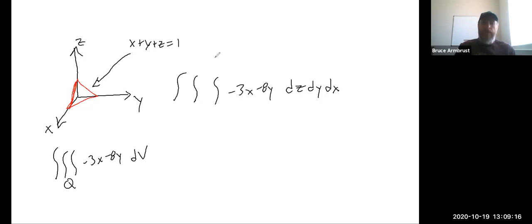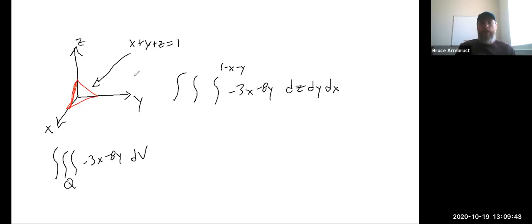So if we do this, then integration man is going to be walking around with his feet on the floor, and his head is going to be up here bumping against the roof, and the roof here is going to be formed by that slanted plane. So that means we need to take this equation and solve it for z. If you do that, you get 1 minus x minus y.